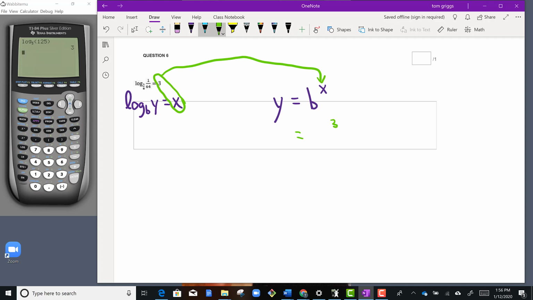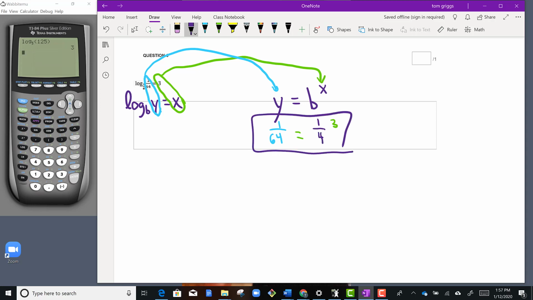I'll go ahead and put it up there. The y is 1/64th. So it's going to go in for the y variable right there. And the only other number left is our base, which is 1/4.